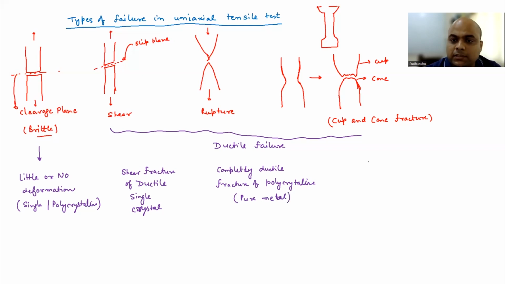Now the last one, cup and cone fracture. This is also a ductile failure, for mostly polycrystalline.